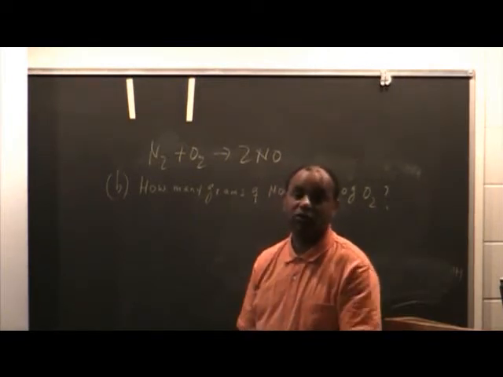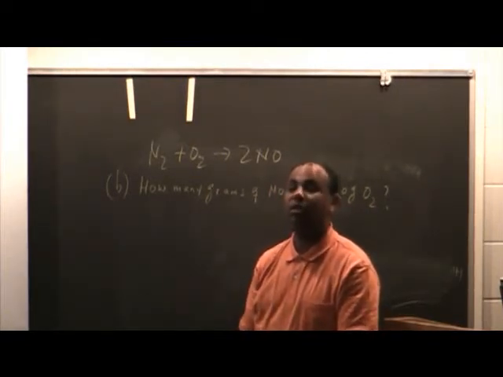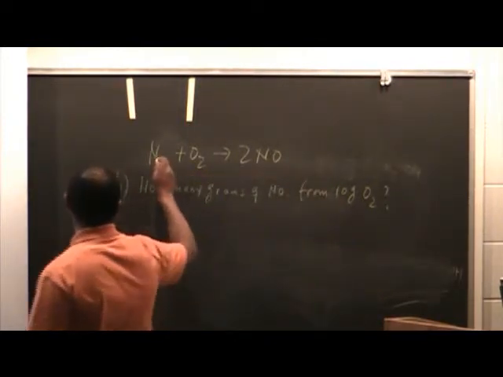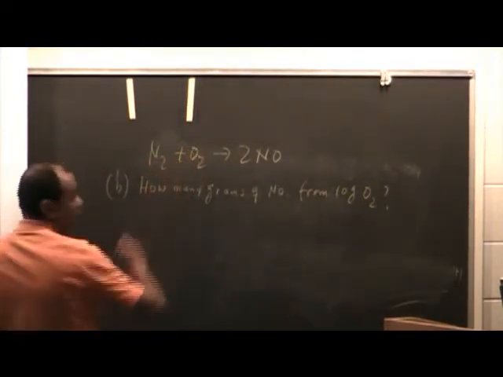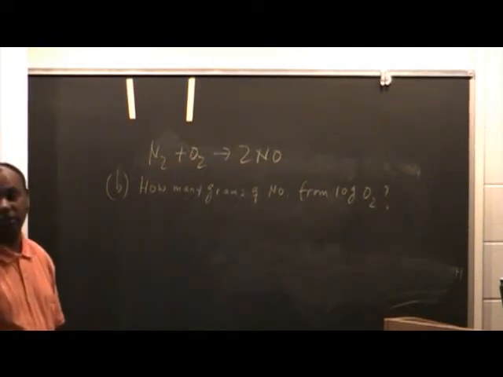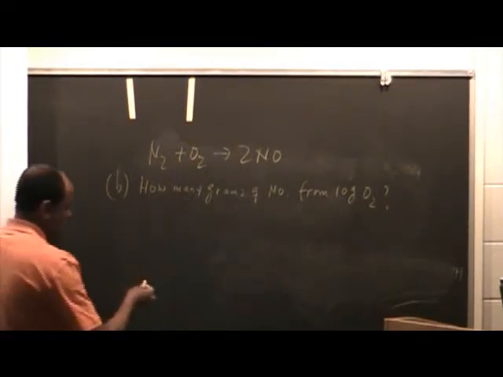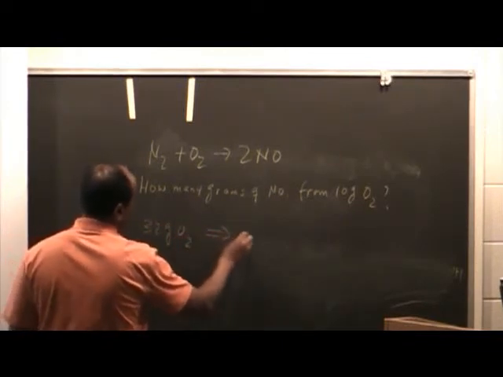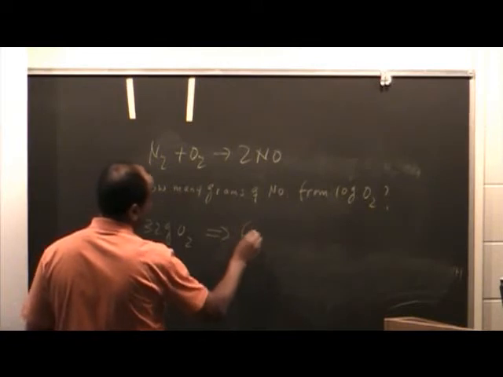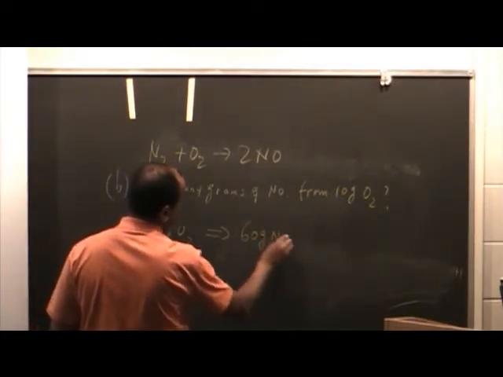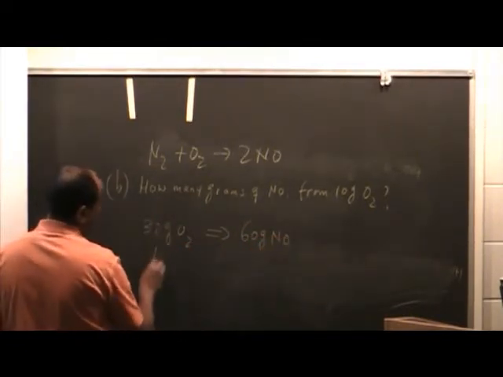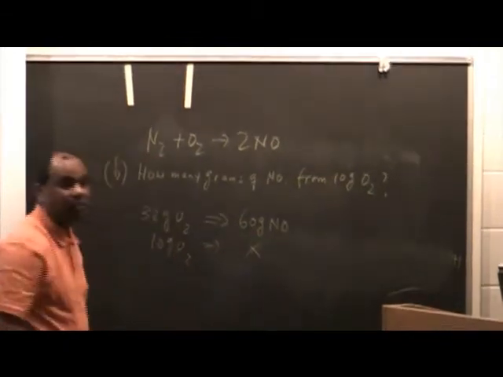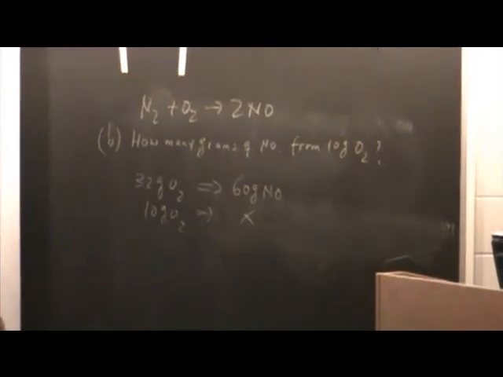So how do we solve this problem? Just like what we did here. O2, what is the molar mass? 32. O2 is 32 grams of oxygen, which provides you how many grams of nitrogen monoxide? 60 grams of NO. If you have 10 grams of O2, how many grams of nitrogen monoxide do you get?